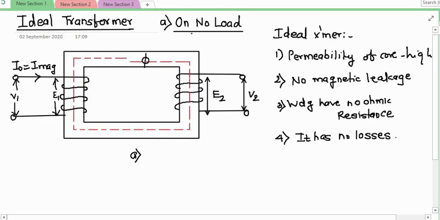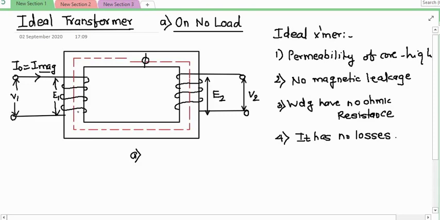So let us consider part A, that is the ideal transformer on no load. I have drawn the schematic of the transformer here. Now let the transformer shown in this figure A be an ideal transformer. When the primary winding is connected to the AC voltage V1 with the secondary winding open circuited, it draws a negligibly small magnetizing current, denoted by I magnetizing here.